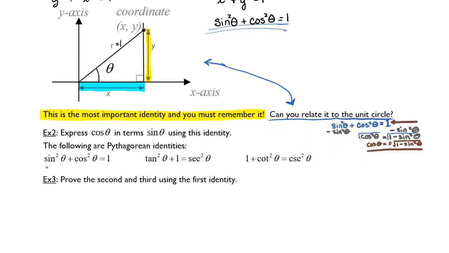So the following are Pythagorean identities. We've talked about sine squared theta plus cosine squared theta equals 1. And now we also can derive tan squared theta plus 1 equals secant squared theta, and 1 plus cotangent squared theta equals cosecant squared theta from this first one here.